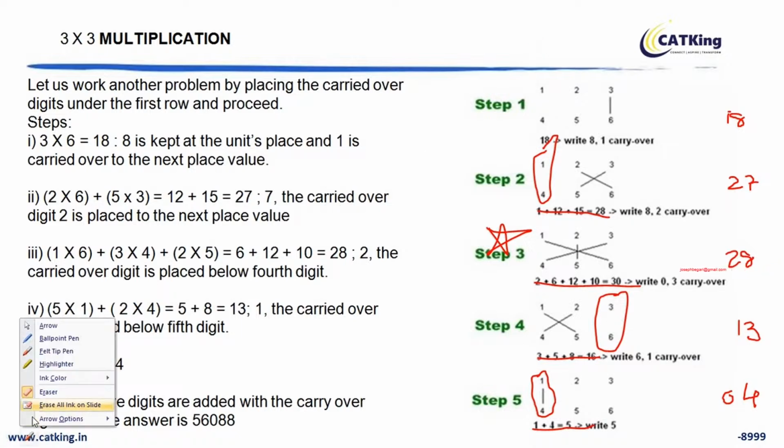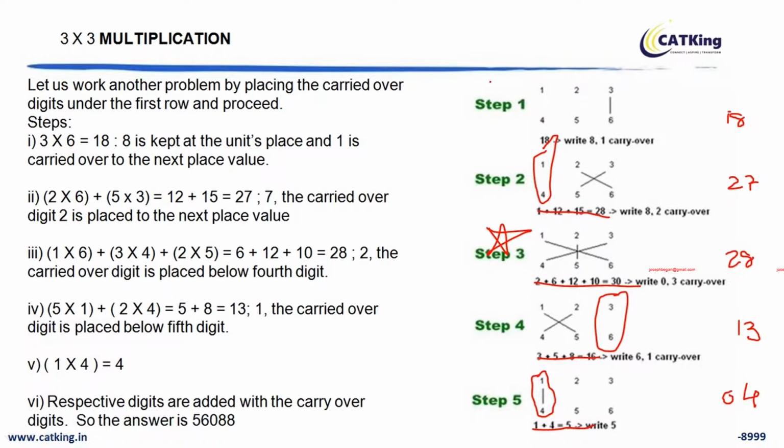The numbers that we've gotten are 18, then 27, then 28, then 13, and last but not the least is 4. So we can write it as 04. Now we know we have to take the last digit as it is, so it will be 8.